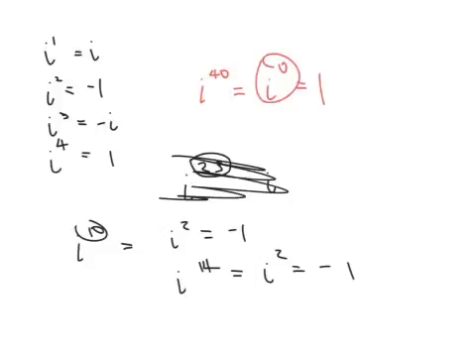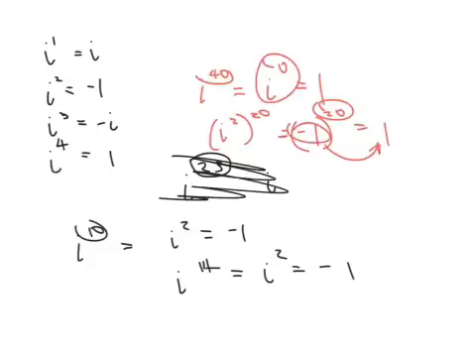They do this roundabout thing where they take i squared to the 20th power. Instead of 40, they make it 2 times 20, and that equals negative 1 to the 20th power, and then that equals 1, because any exponent that's even will make the negative positive and give you 1. And it's just like, why do you do it that way? It's so much easier doing it the way I do it.